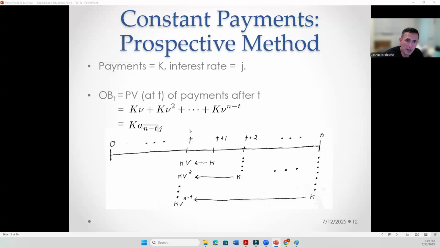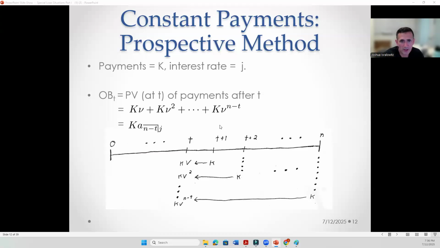You'll notice that this literally is the present value time diagram formula at T. Kind of pretend like this is zero here in some sense. So this is just the present value of all these payments at T, that's the present value formula. You have n minus t of these payments.